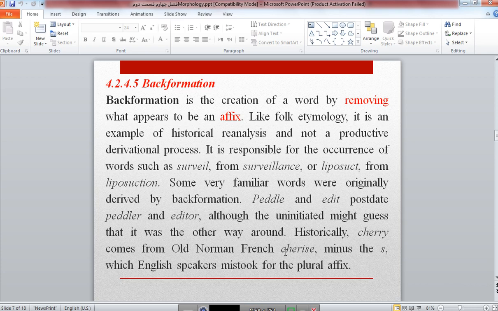We call it wrong cutting, because we cut part of the stem. This is again a process of producing a new word, which we call back formation.